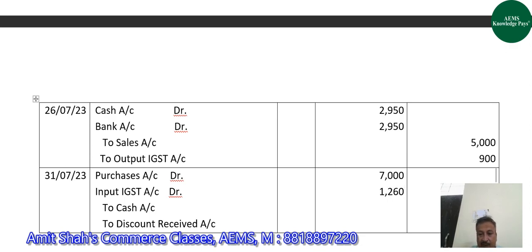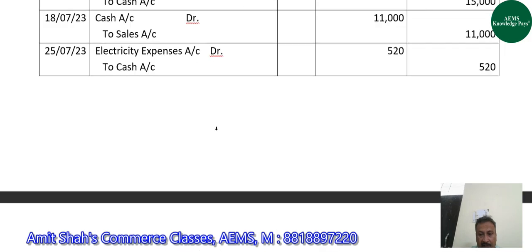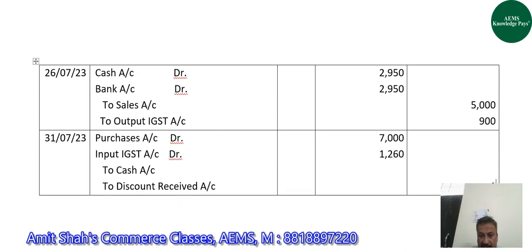IGST is 1,260. We have received cash discount of 2%. 2% of 7,000 is 140. It means 8,260 minus 140, so 8,120 we paid.